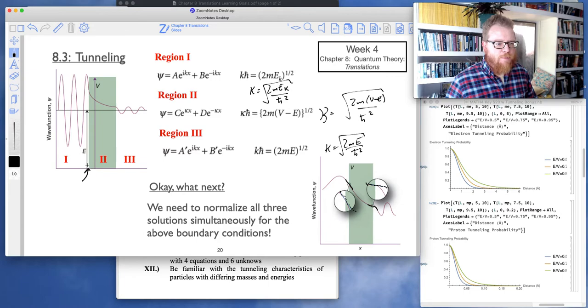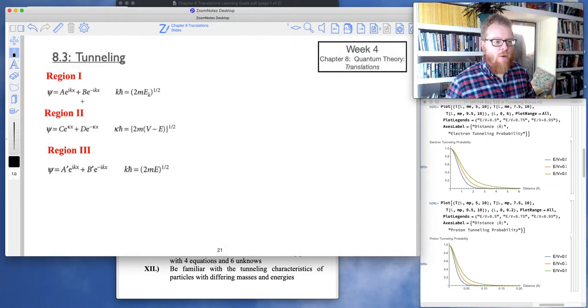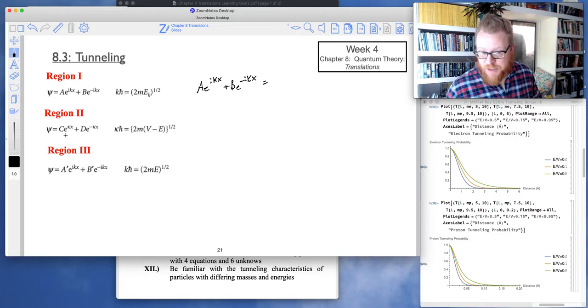I'm going to call this border the first place of the barrier, x equals 0, and I'm going to call this boundary x equals L. So in my region 1 solution, which I'm going to write A e^(ikx) plus B e^(-ikx), that is going to have to equal psi 2 at x equals 0. Okay, so let's set those equal to each other.